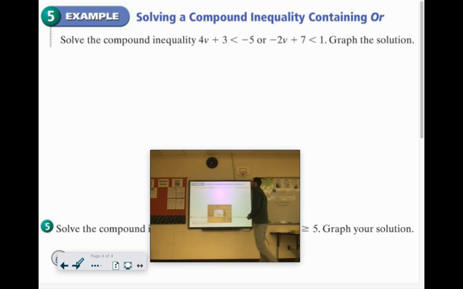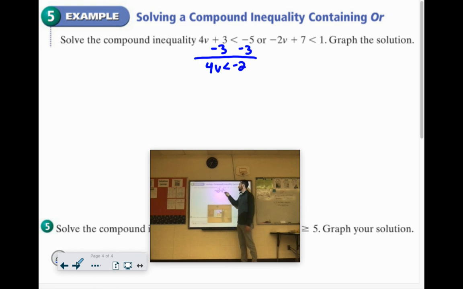And this is it. Ooh, a little bit tougher. Now these are just 2-steppers, but it says the word or in the middle, so we know we're going to shade towards the outside. 4b plus 3 is less than negative 5, subtract 3. 4b is less than negative 2, divide by that 4.